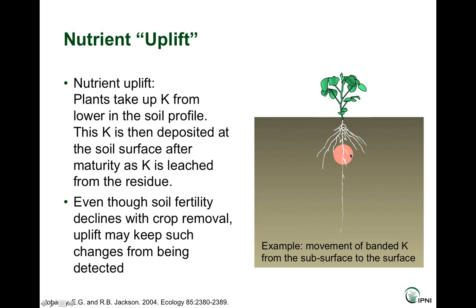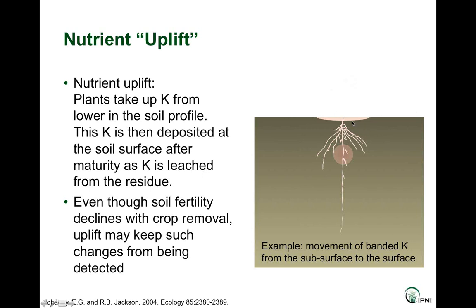So to demonstrate the uplift, here I'm showing a soybean plant with a banded K application. During the plant's life, it takes K up from that band and redistributes it to the aerial portions of the plant. When that plant begins to die, then the K is leached out of the plant tissue and is deposited at the soil surface.